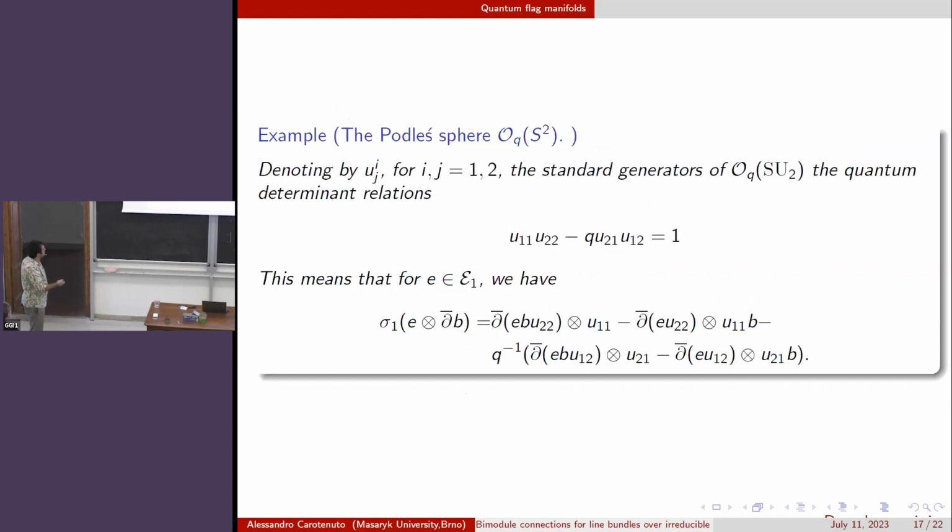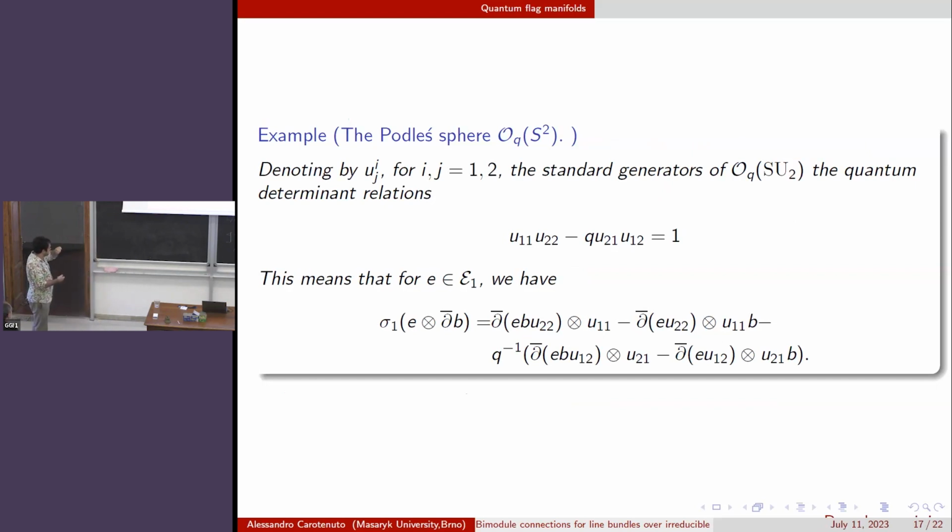But let's look at a concrete example like the Podleś sphere. Here, one good generalized determinant relation is the quantum determinant. And in fact, we can have this presentation of sigma for the first vector bundle that looks in this way.